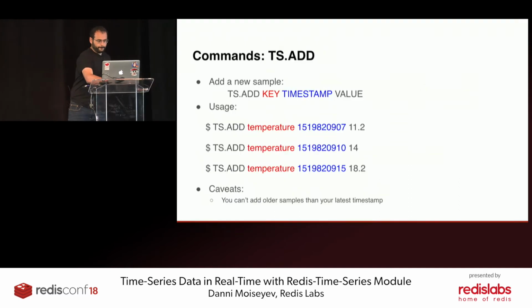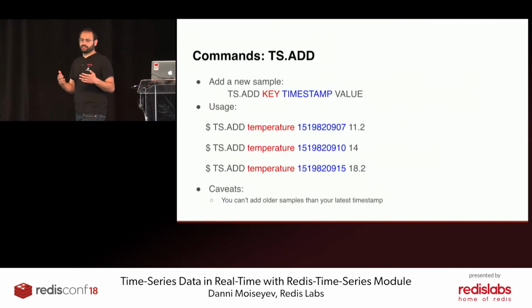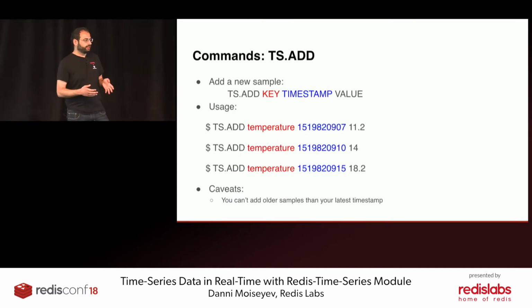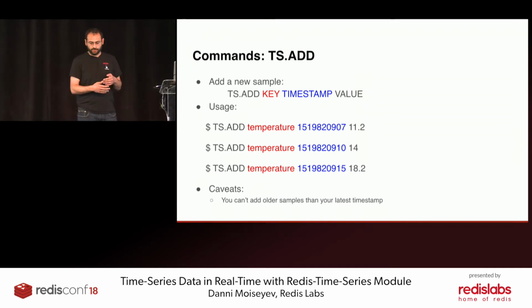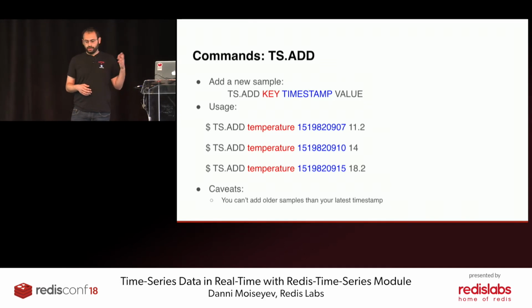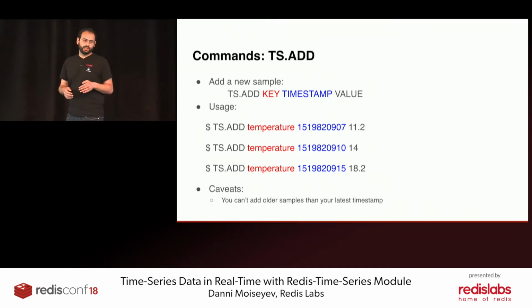Okay, so now we want to add some samples to the key. We have a time series database, we have a time series key, and we want to add samples. In this example, we have 3 samples. Each sample has its own timestamp, of course.